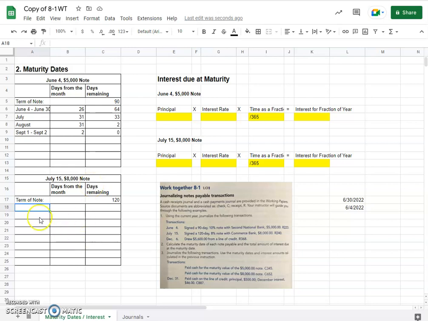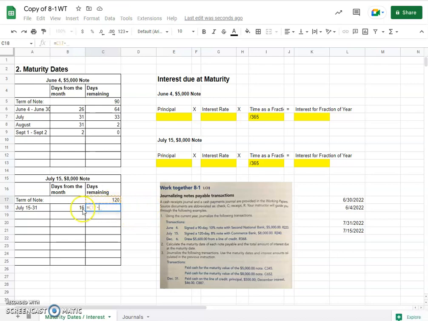So we're starting on July the 15th through July the 31. We'll do the same thing. We'll start with the 31st and 7/15. And you can just quickly subtract those. Would give us 16 days in July.